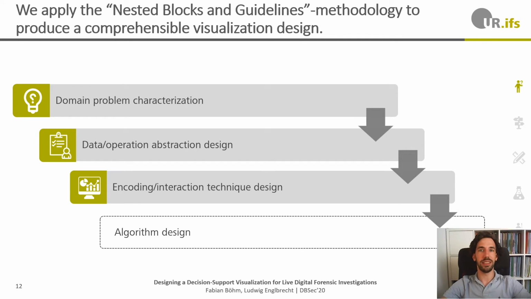And the encoding and interaction technique design decides which visualization techniques, such as bar charts, line charts, etc., are best suited for the data and user tasks at hand, and which interactions with the visualizations are necessary. The algorithm design now just is the actual implementation of these encodings and interactions, and is something we did not go into yet, as it is part of our currently ongoing work.